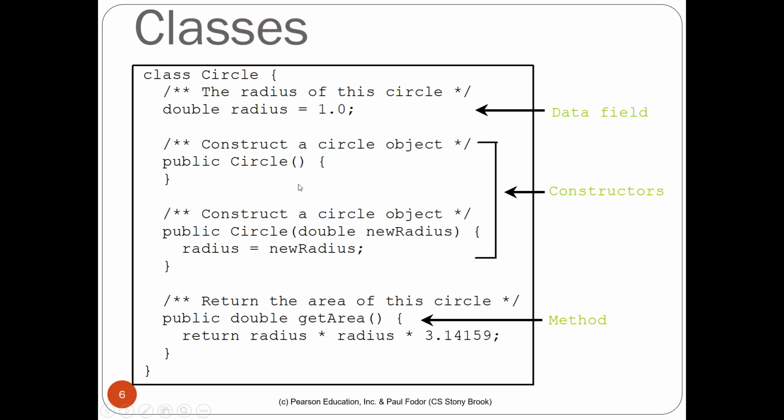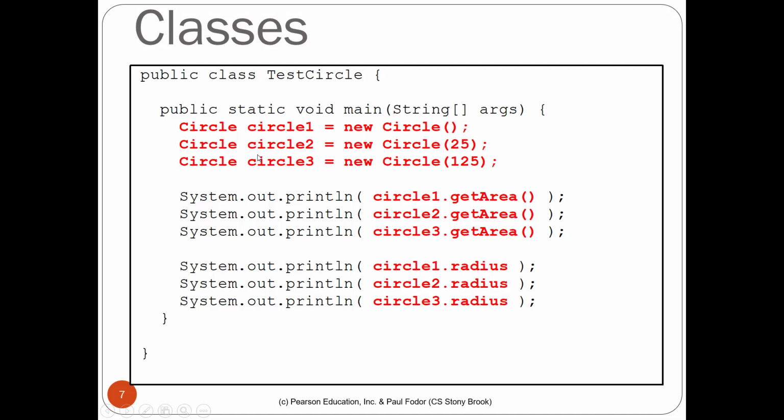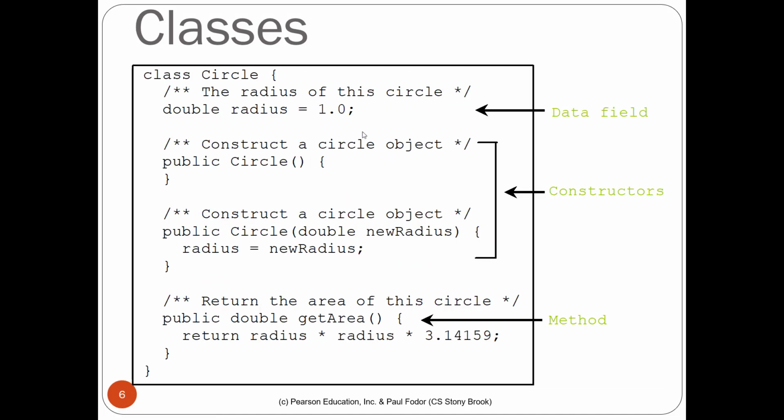It is also called the no-arg constructor because this constructor is not accepting any argument. Whereas the second constructor that you're looking at is an argument constructor, because you have a formal argument here which is newRadius. This is the no-arg constructor. The second one is an argument constructor. Now we created circle1 and its radius would be the default radius that you're setting in, and the default radius is 1.